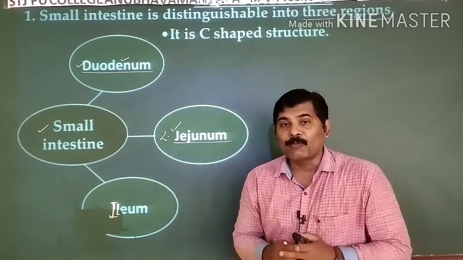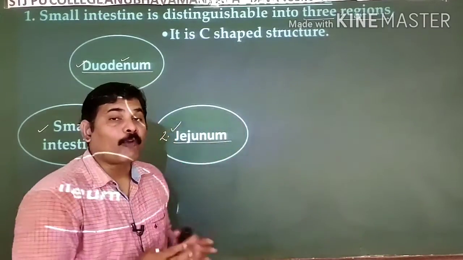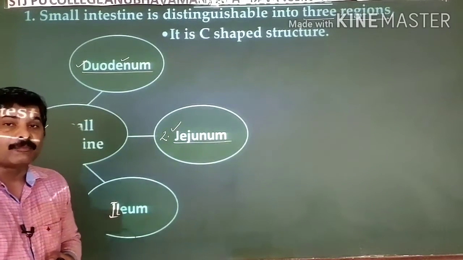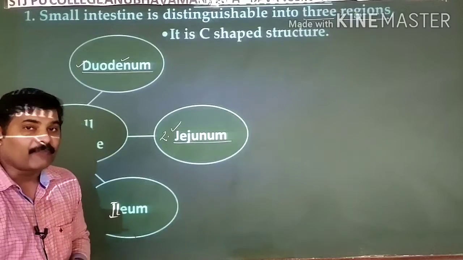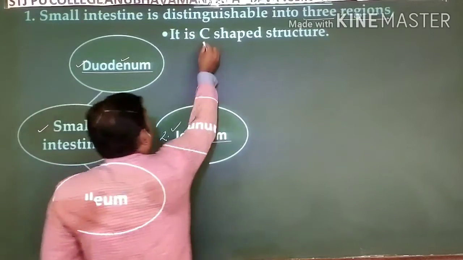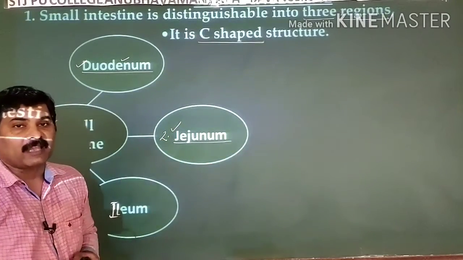But there was a bit of ambiguity in this regard. Actually, the duodenum is in the shape of the letter C. Hence, the change is made in your NCERT books and the other modified books. So you must be particular: the duodenum is a C-shaped structure in your small intestine.